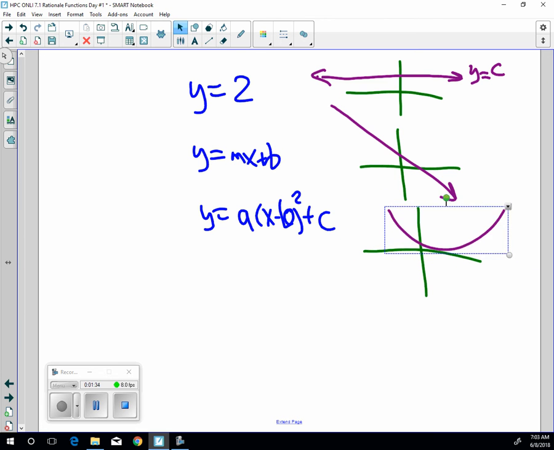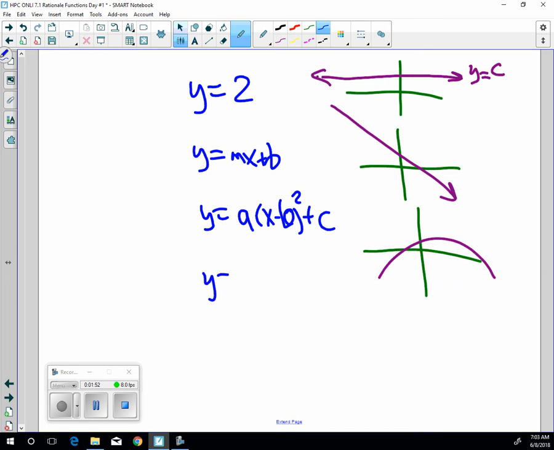If it was less than 0, it didn't touch. If it was greater than 0, it touched in two places, so we had two roots. So we handled that, and you could also have that upside down, if a was negative. Then we looked at polynomials, and polynomials were degree 1, like linear, on up.